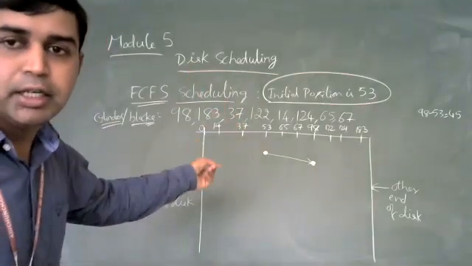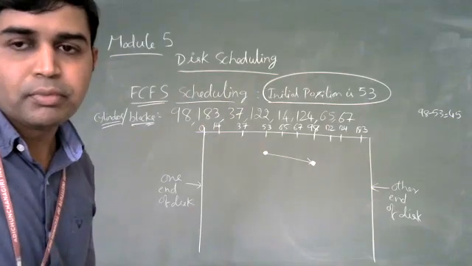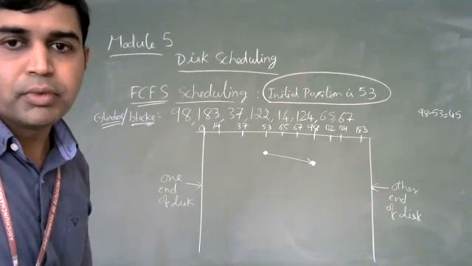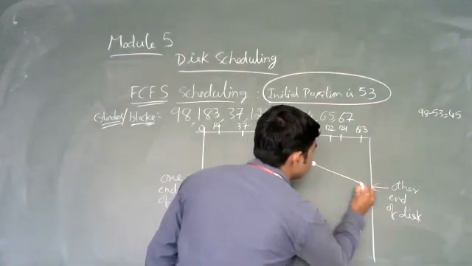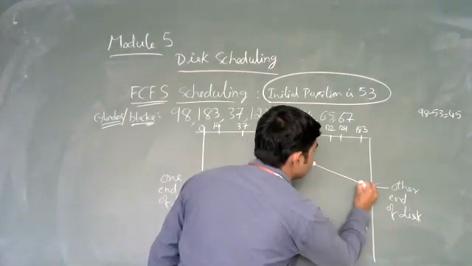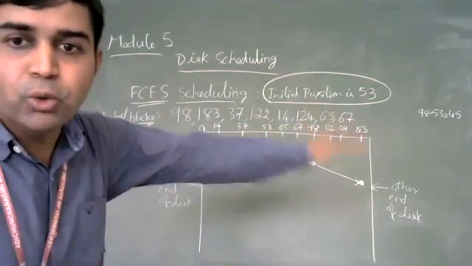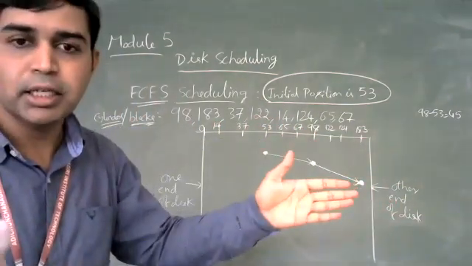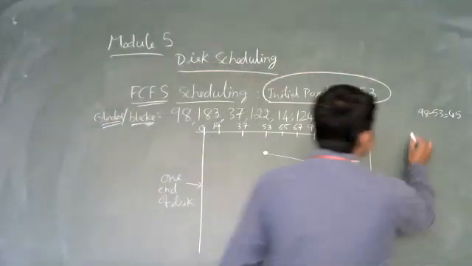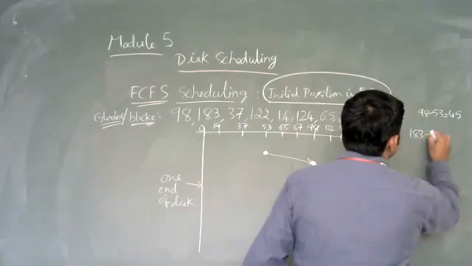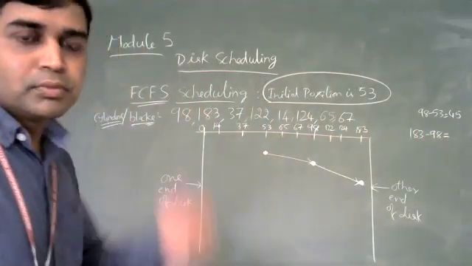Next, which is the next cylinder number we have to travel to? 183. So next I have made a move from 98 to 183. What is the distance? 183 minus 98. How much? 85.